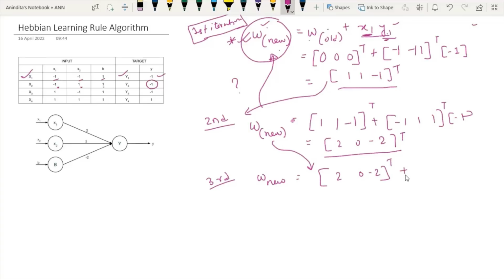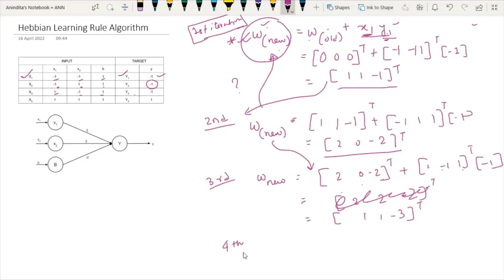Then we take this value 1, minus 1, 1, and the value of y3, that is minus 1, and we can calculate this value as 2, 2, and minus 2 transpose. Sorry, I have made one mistake. It will be 1, 1 and minus 3 transpose: 2, 0, minus 2 and 1, minus 1, 1, minus 1, yes, 1, 1, minus 3 transpose.